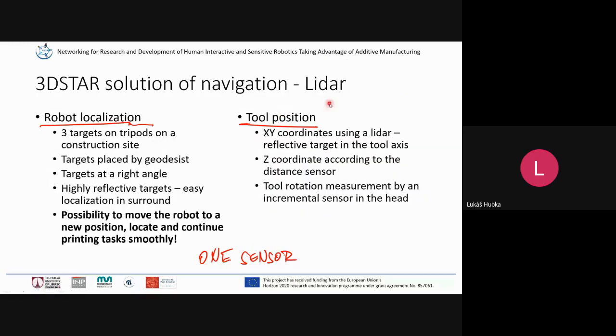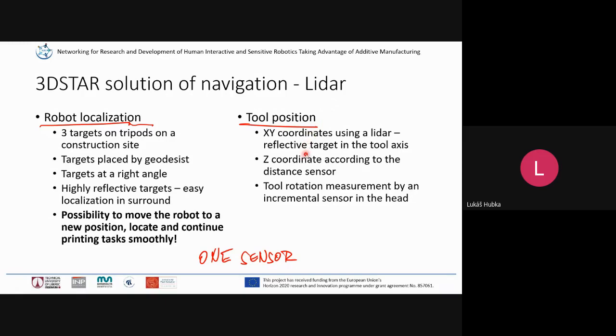The second task is the tool position, where, to be honest, we believe that our construction will be the right one, and it will be enough to use the information from the servo drives.